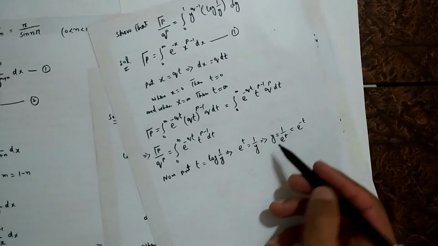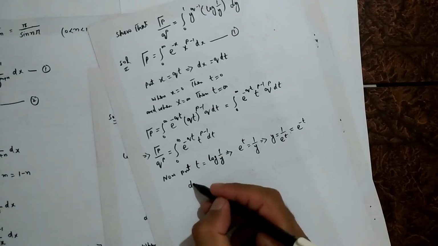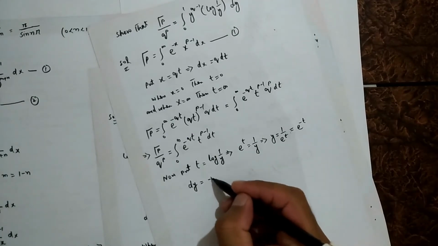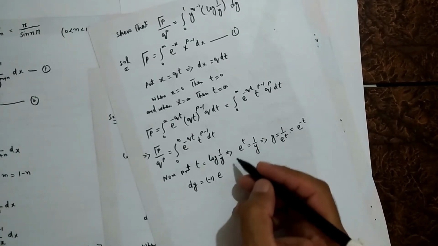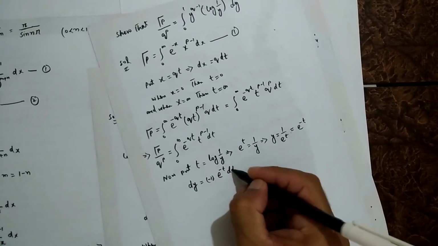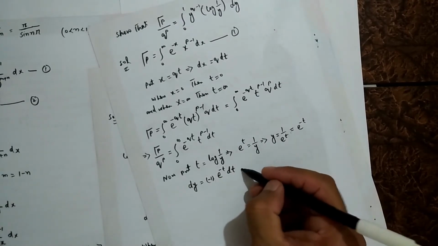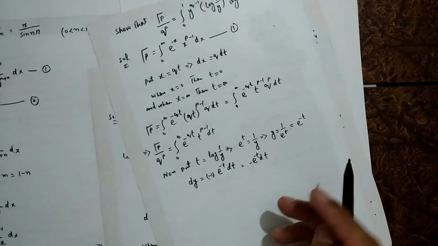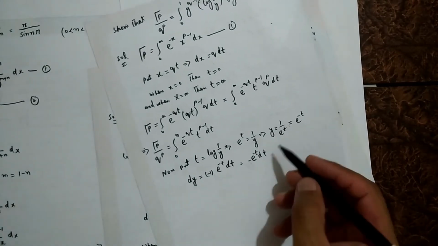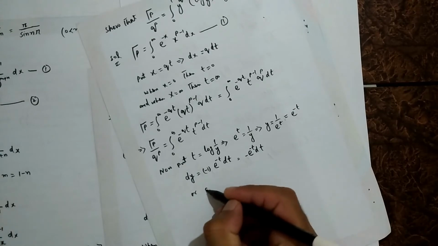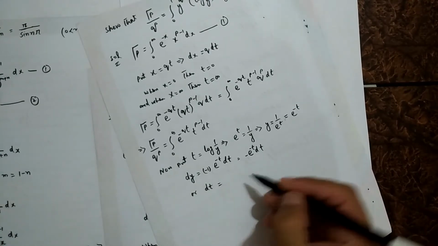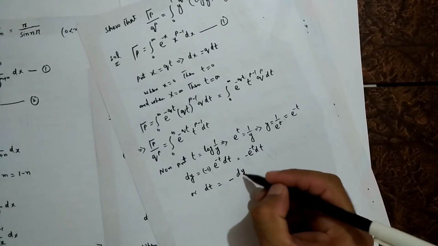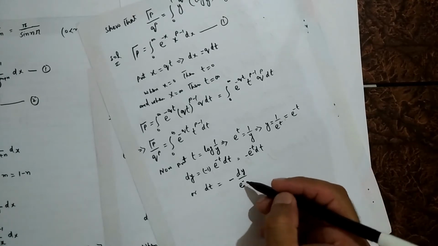Similarly, its derivative: dy will be equal to minus 1 into e to the power minus t into dt, or this will be minus e to the power minus t dt, or dt will be equal to minus dy upon e to the power minus t.